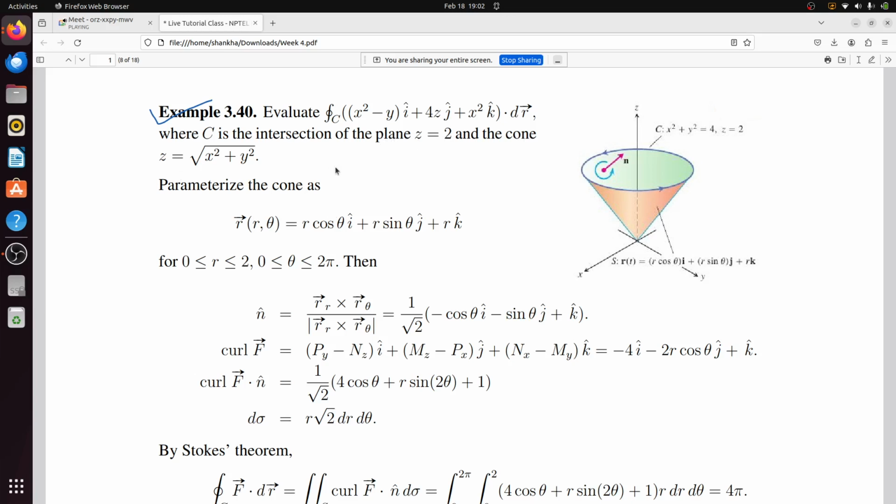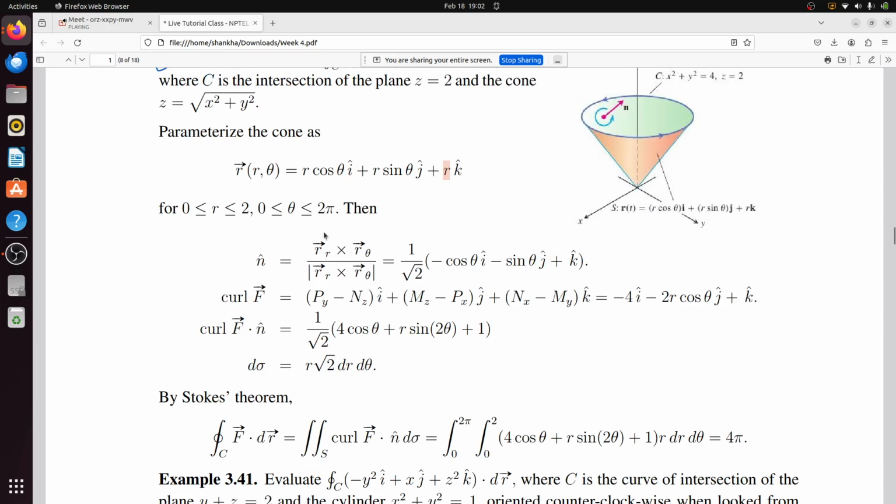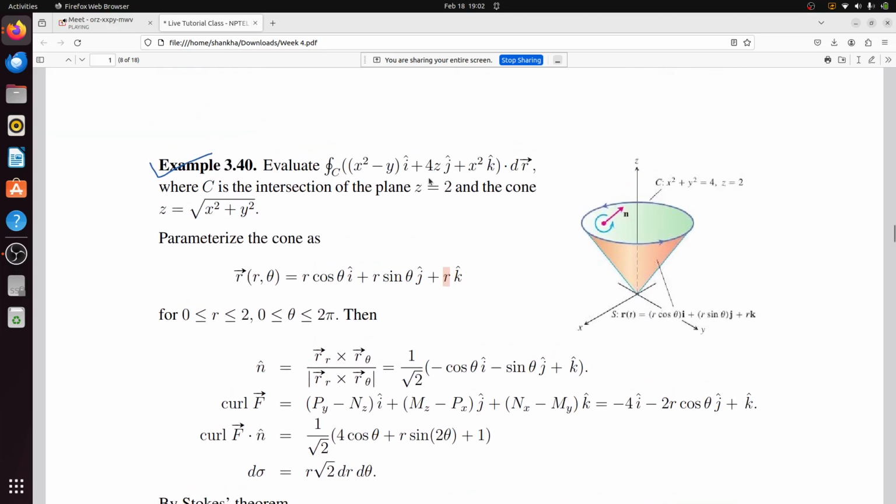So parameterize the cone. We will parameterize the cone with the coordinates r and theta. So if you take x equal to r cos theta, y equal to r sin theta, then what will be z? Z will be square root of r square cos square theta plus r square sin square theta, so simply r. And this formula we have, and z equal to 2.